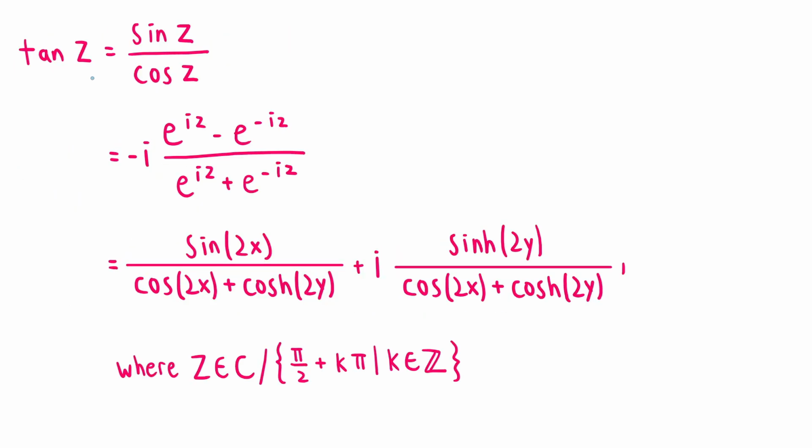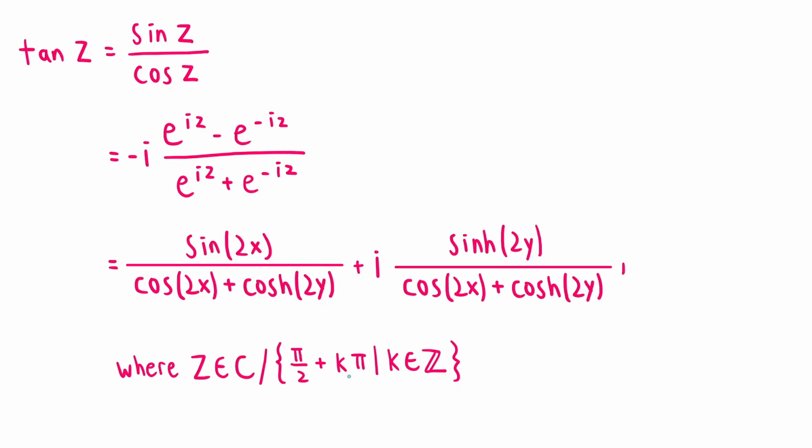So tangent of z is equal to sine z over cosine z, which equals negative i times e to the iz minus e to the negative iz over e to the iz plus e to the negative iz, which is the exponential definition of tangent of z. And this is also equal to sine 2x over cosine 2x plus cosh 2y plus i times sinh 2y over cosine 2x plus cosh 2y, which is the definition of tangent of z in terms of its real and imaginary parts.